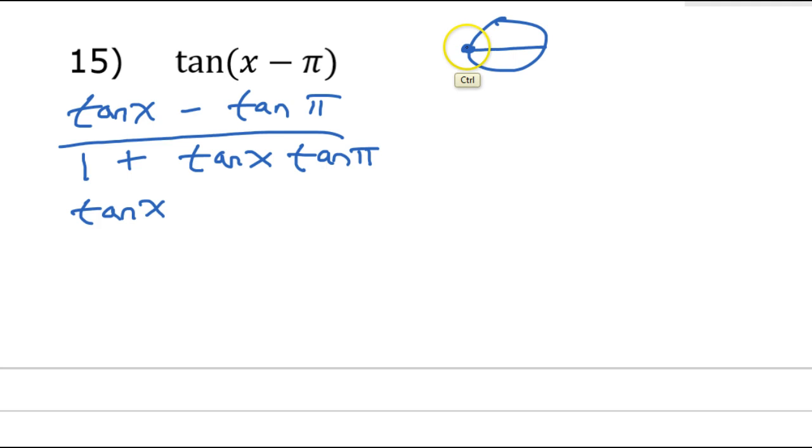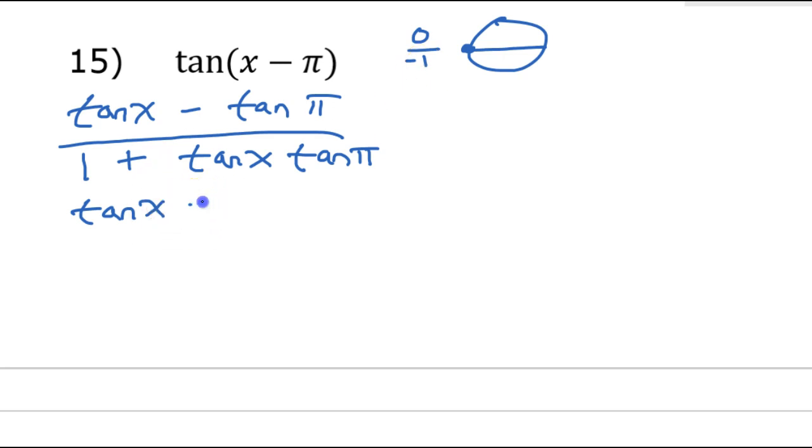Let's see. Tangent is y over x. So this is a y value of 0 and an x value of -1. So y over x, 0 divided by -1 is 0.